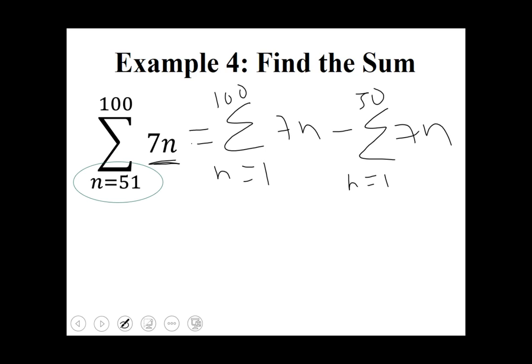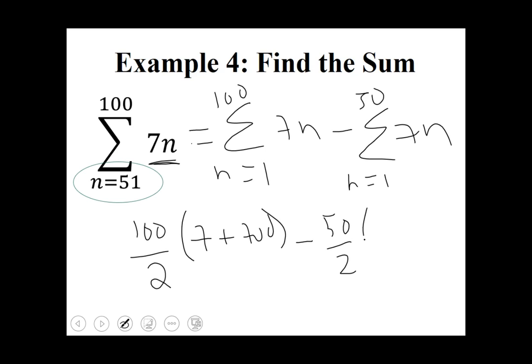So from here, you're going to go ahead and do 100 divided by 2. Plug a 1 in, you get 7. Plug a 100 in, and you get 700. Minus 50 divided by 2. Plug a 1 in, you get 7. Plug a 50 in, and you get 350.